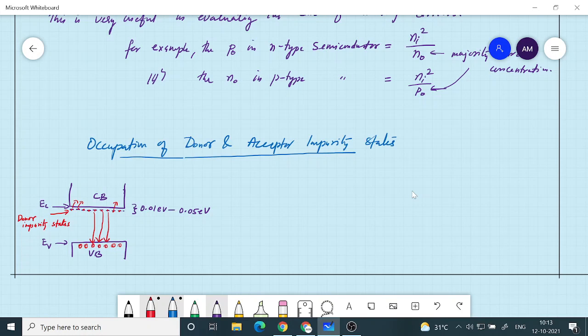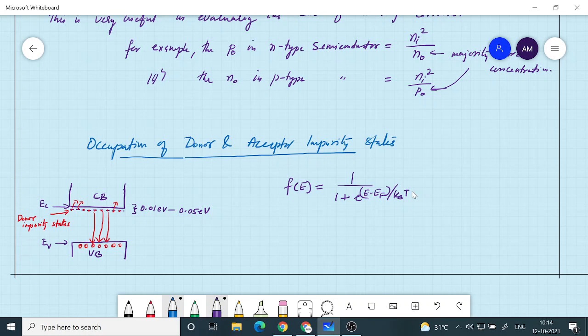For the occupancy of the donor impurity states, we cannot directly use f of E. Okay, so f of E was 1 by 1 plus e raised to (E minus EF) by kT, and this formula was derived with Pauli's exclusion principle, with indistinguishability of the particles, and by taking into account the spin states.